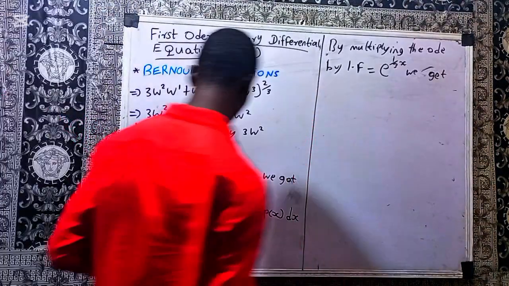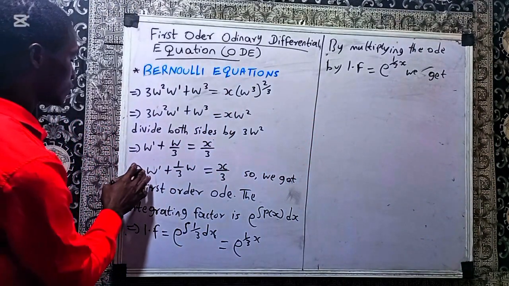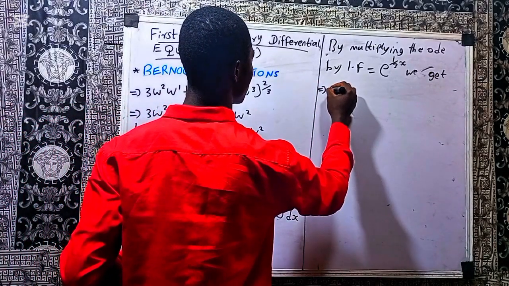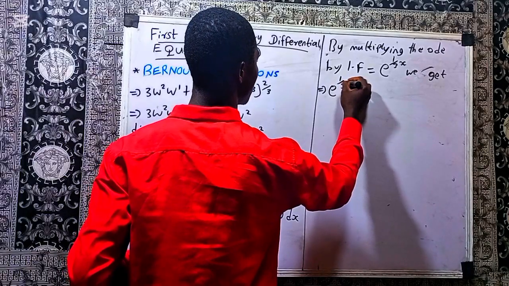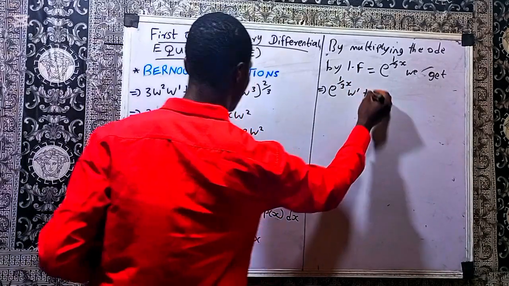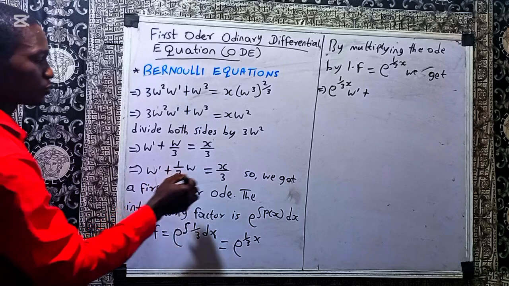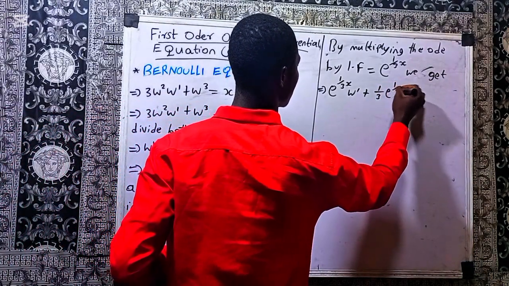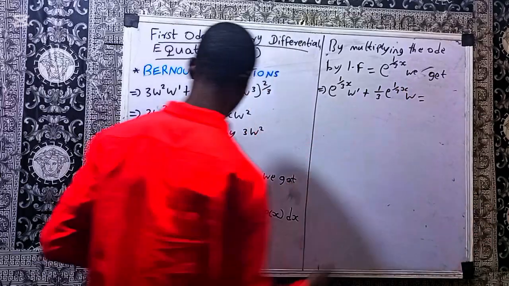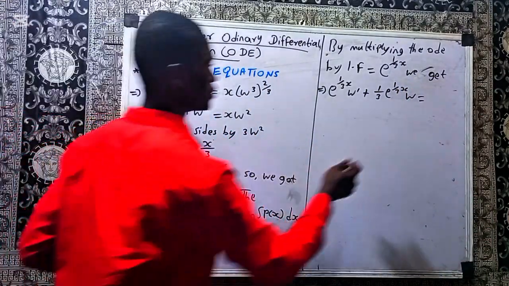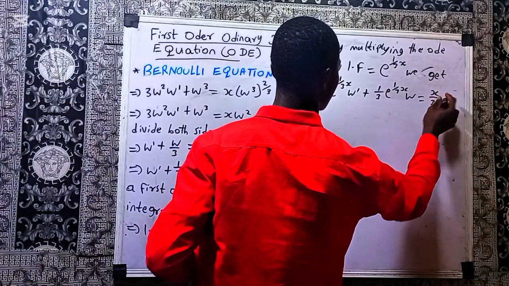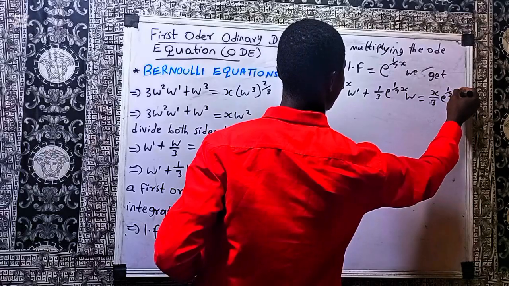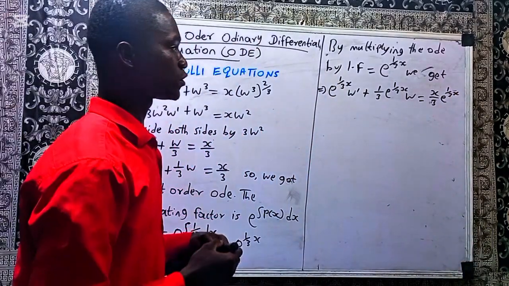So we multiply w prime by the integrating factor, and we have exponential 1 over 3 x w prime plus 1 over 3 exponential 1 over 3 x w equal to x over 3 exponential 1 over 3 x.